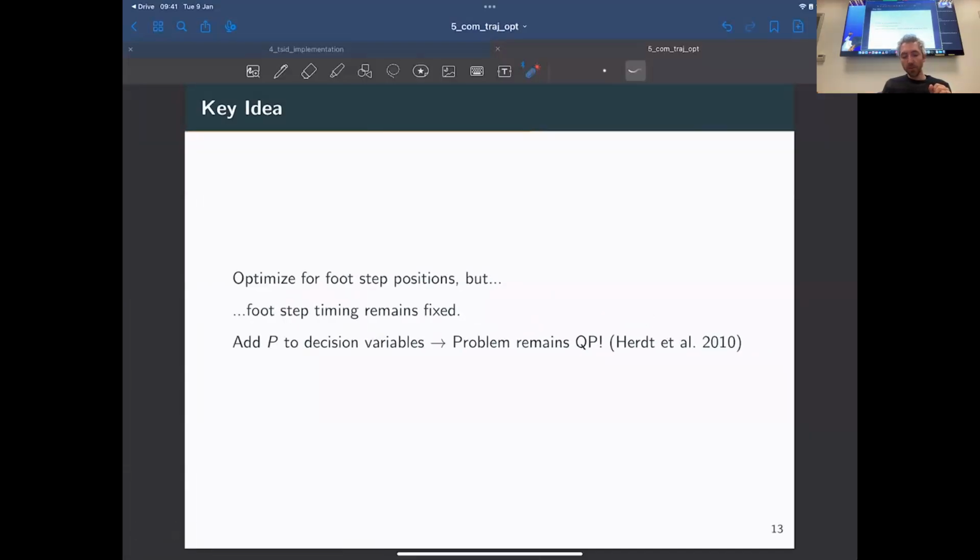The way we do this is by adding the footstep position as an extra decision variable in the problem formulation. We're gonna call it P. And we can do it by maintaining the problem as a quadratic program. So well, a QP to be more precise.